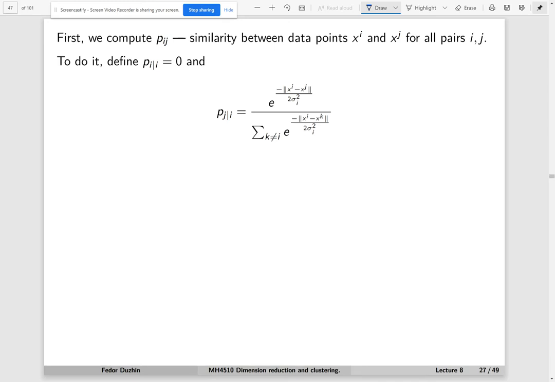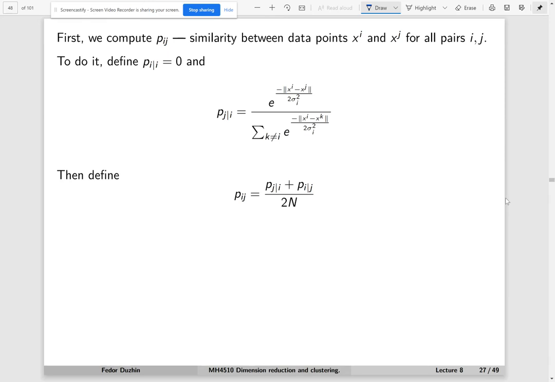So this p_{j|i} is the probability that point j is going to be picked by a wizard stationed at point i, who picks other points with probability proportional to the density of the normal distribution. Okay, a probably a bit strange method to define similarities between data points.